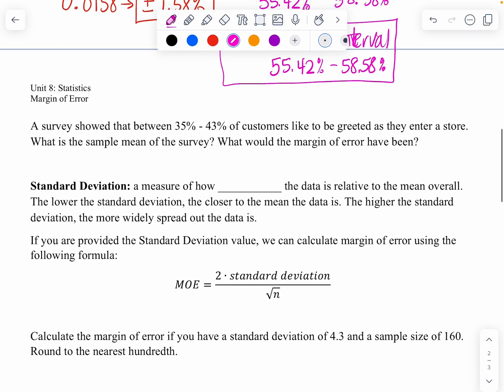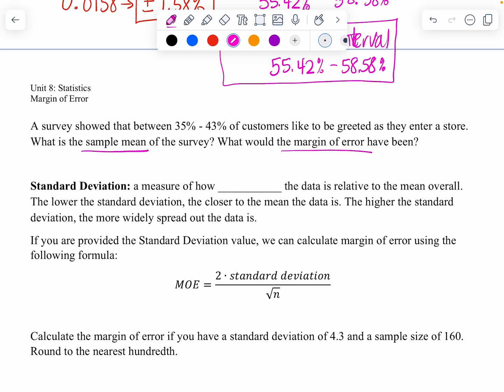All right, a survey showed that between 35% and 43% of customers like to be greeted as they enter a store. First thing we've got to do is find the sample mean of the survey, and then we have to figure out what the margin of error might have been.